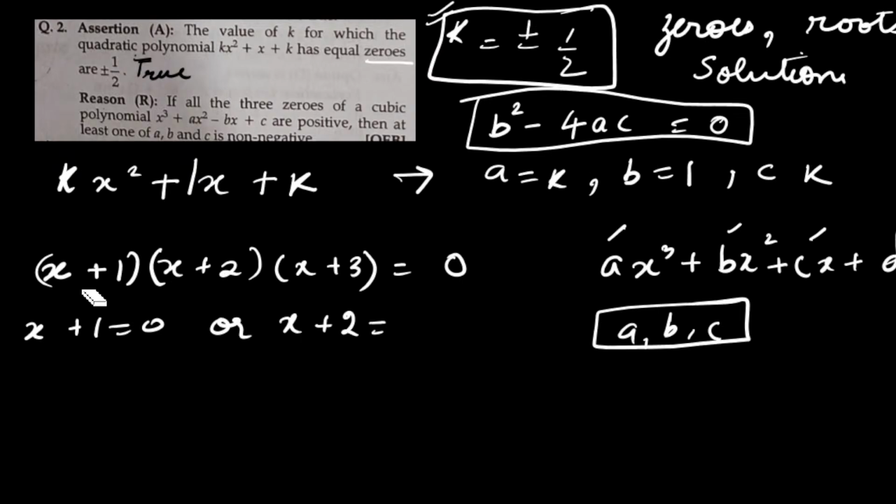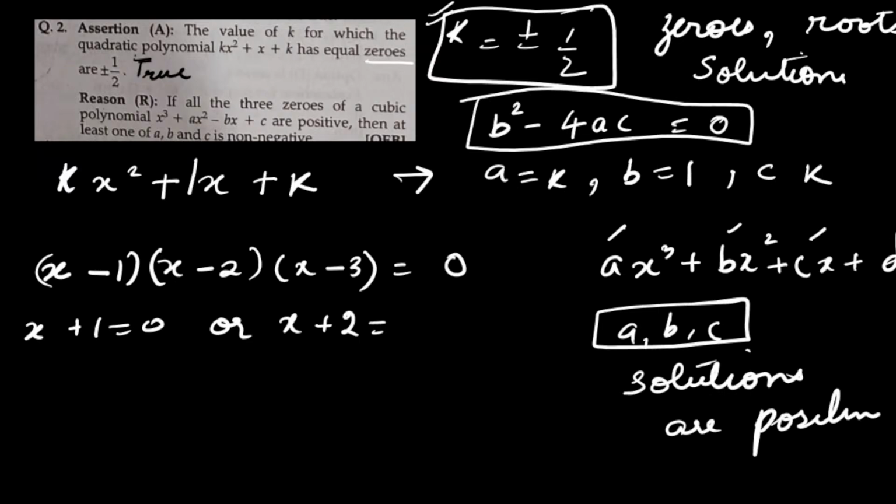So here I'll do one thing. They have mentioned that the zeros are positive. Zeros mean solutions. Solutions are positive. So I'm just giving you one example. For these types of questions, we just have to think a little bit logically and then do it.